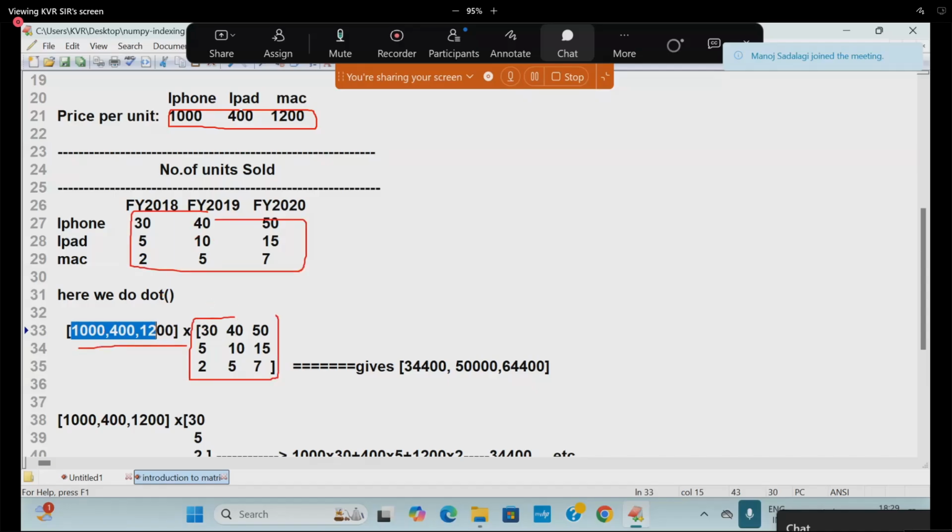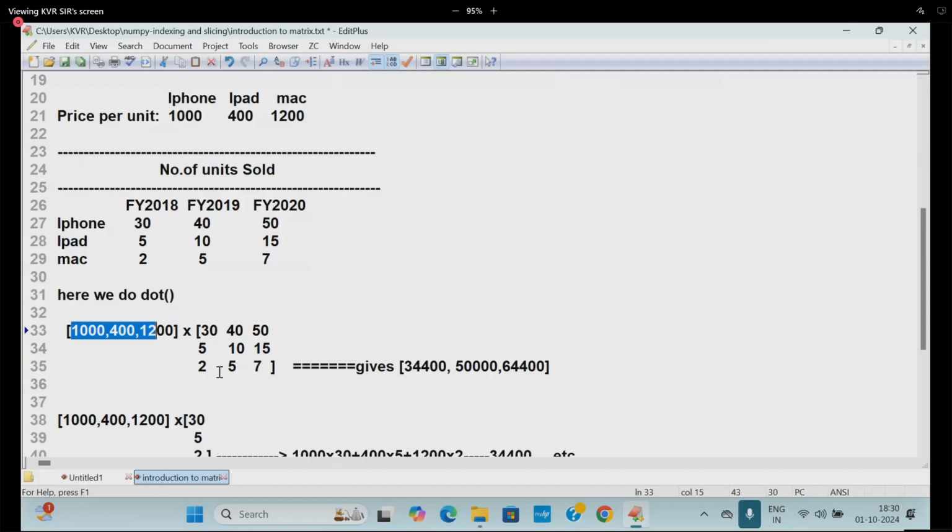How does this answer come? 1000 into 30 is 30,000. 400 into 5 is 2000, so 32,000. 1200 into 2 is 2400. 32,000 plus 2400 is 34,400. Understood? Simple.